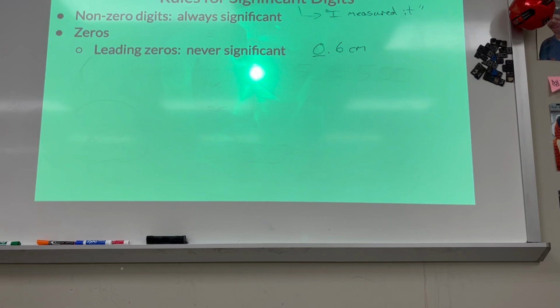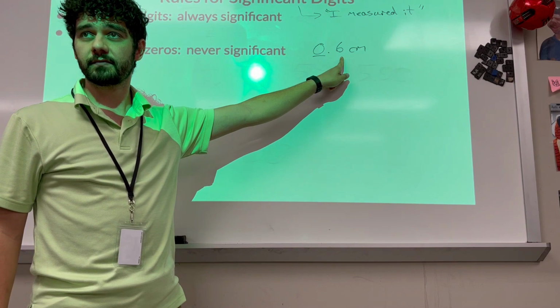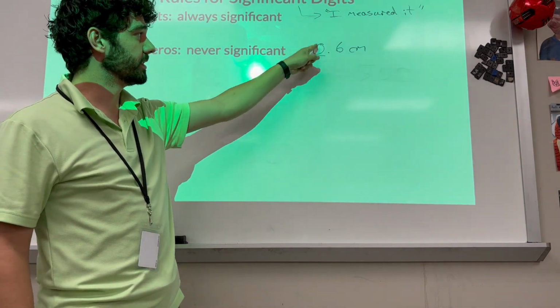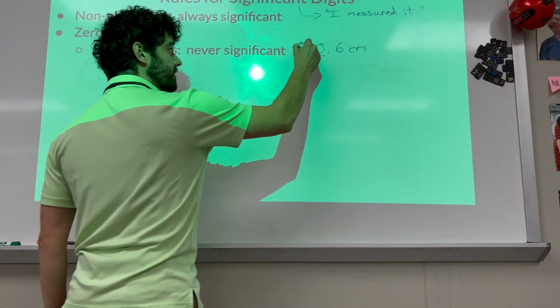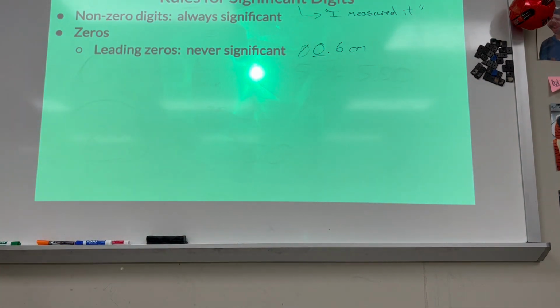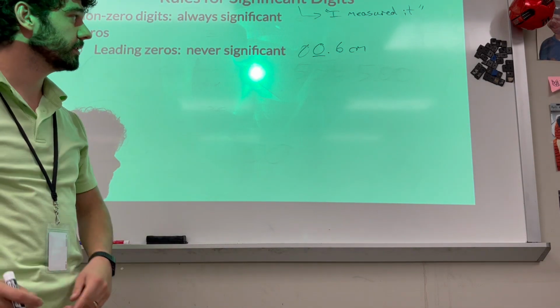That 0 is there just to put the 6 in the right spot. I didn't actually measure it, that's not giving me more precision. Or if I put another 0 here, that doesn't make it more precise. It's still 0.6, so those are just there as placeholders. They're not significant. They're not part of what I measured.